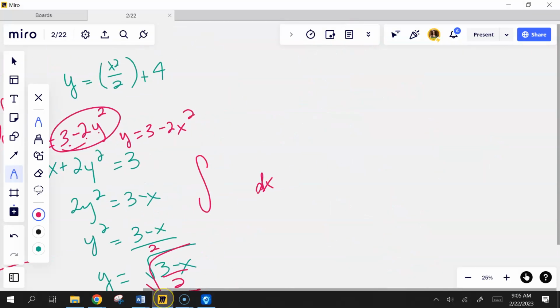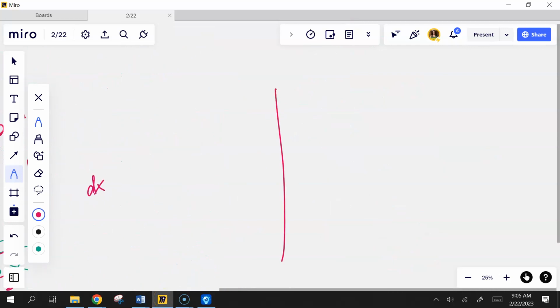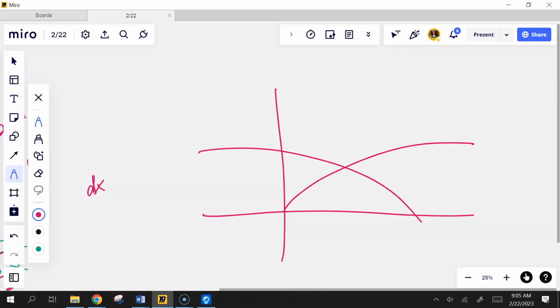So I've got this picture that looks like this. This equation is the square root of x. This equation is, and the only reason I had to solve it for y is to put it in my calculator, 3 minus x over 2.